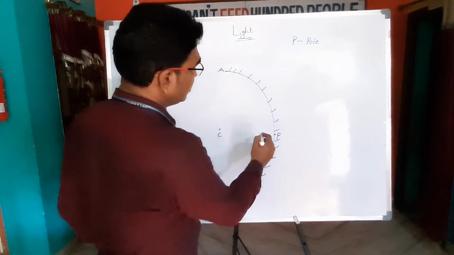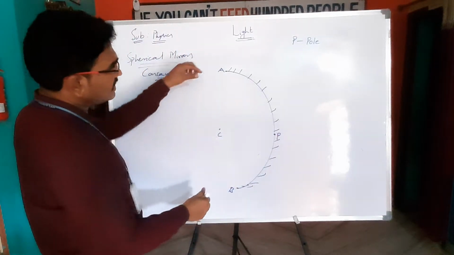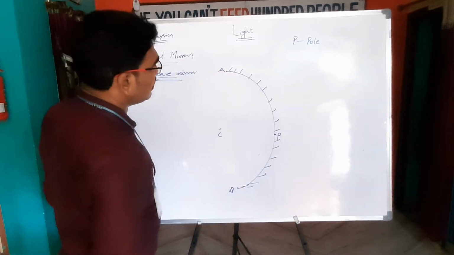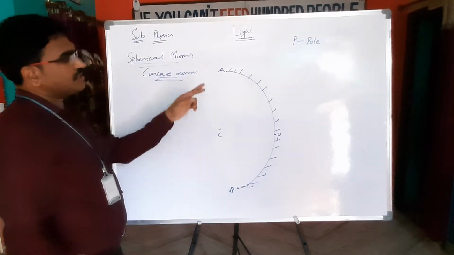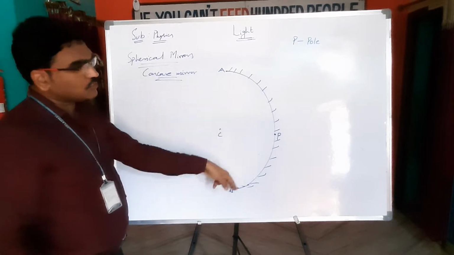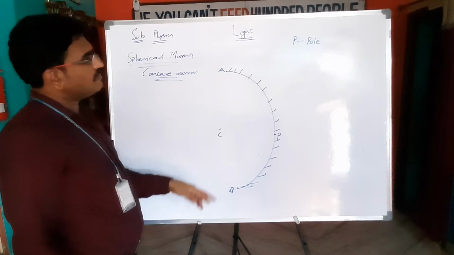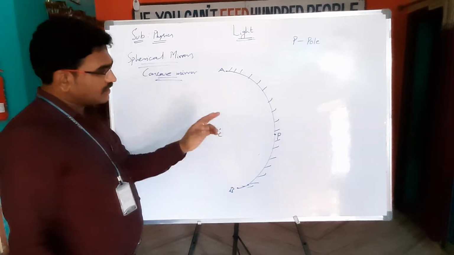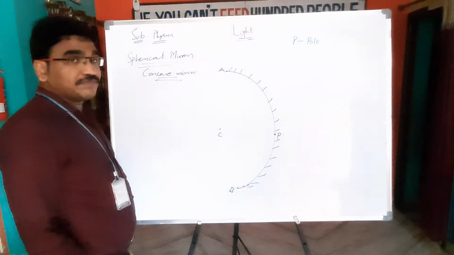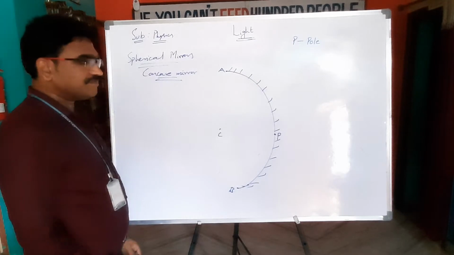The distance from A to B is nothing but the aperture. Aperture means the distance between the two endpoints of the spherical mirror, A and B. P is the pole or vertex. Some people call it vertex or pole because this is the geometric center.